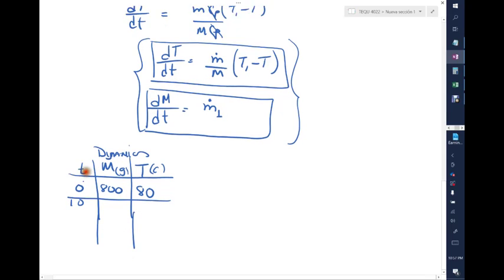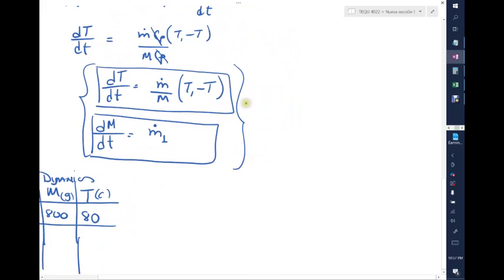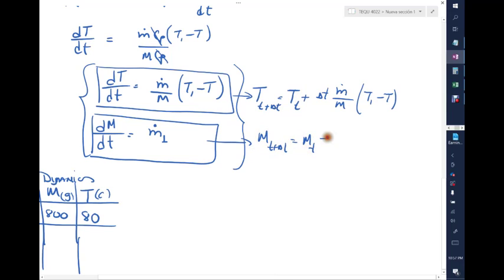That would be straightforward, because basically the integrated version of this would be T at t plus delta t equal T at a given time plus delta t times m dot over m (T1 minus T), and this version here would be m at t plus delta t equal m at t plus delta t times m dot.